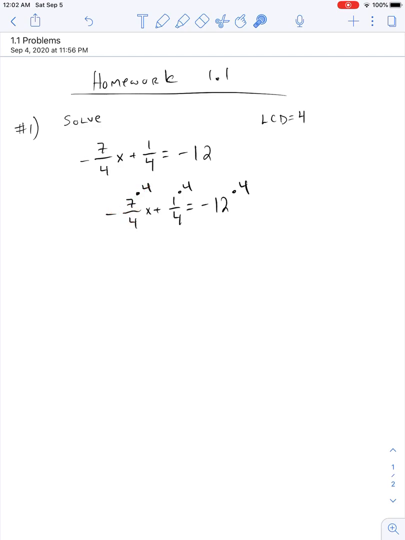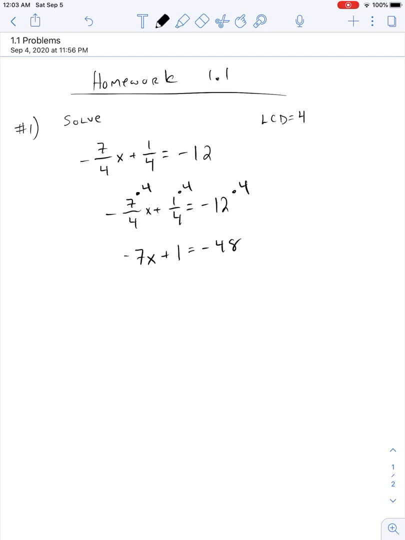After you divide that by 4, you should notice that you're left with the whole number, which is negative 7, and you bring your x down. You bring your plus down, and you do the same thing. 1 times 4 is a 4. You divide it by 4, and you're left with 1. And now over there, we just multiply our negative 12 times our 4. And that leaves us with the negative 48.